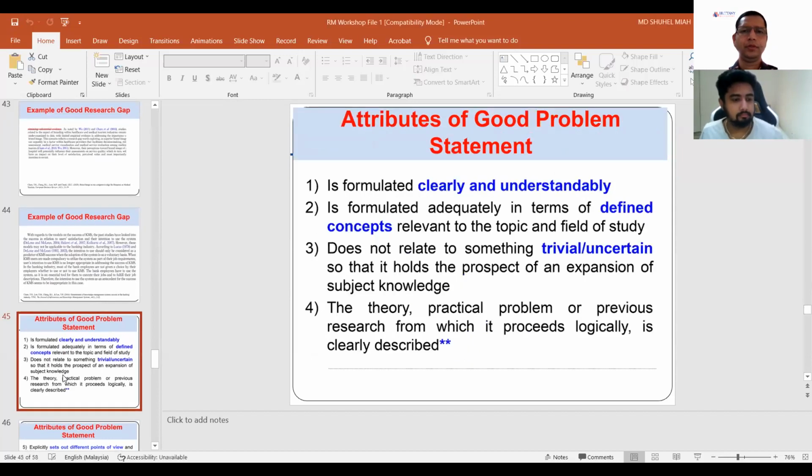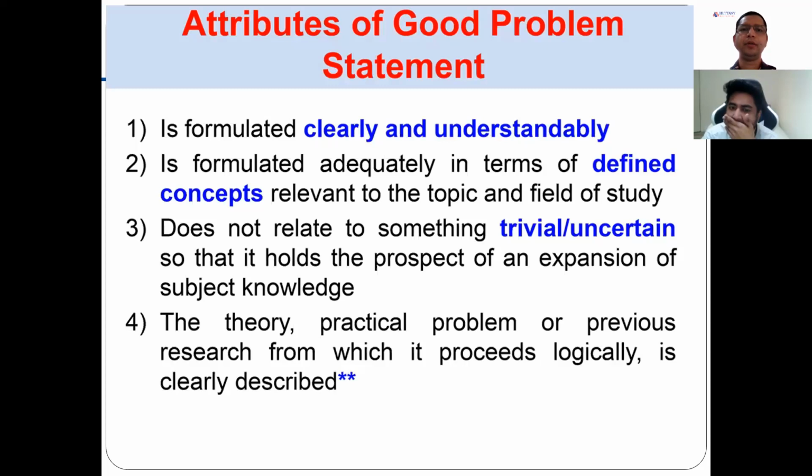Now, attributes of a good problem statement. What are the things that make a very strong or solid problem statement? Number one is clarity and understandability. So you need to present it in a very clear and understandable manner. It is formulated with educated or defined concepts relevant to the topic of the study.